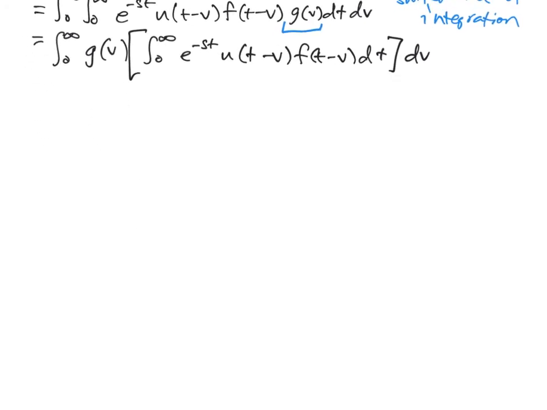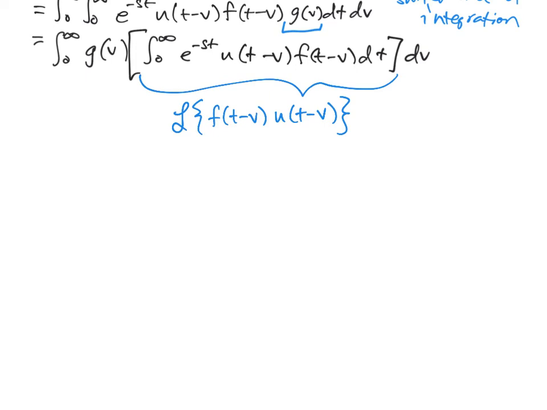Now let's move on up here. This integral in brackets is the Laplace transform. You see it's the Laplace transform, right? e to the negative st times the u times f function. So this is the Laplace transform of f of t minus v times u of t minus v.